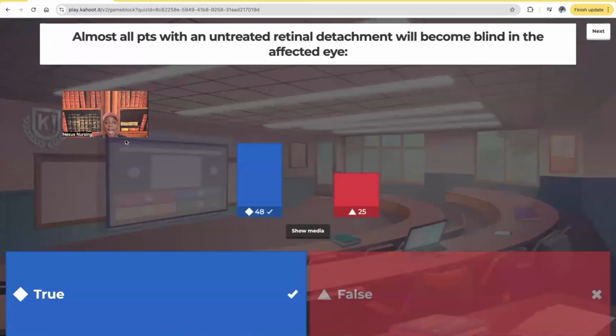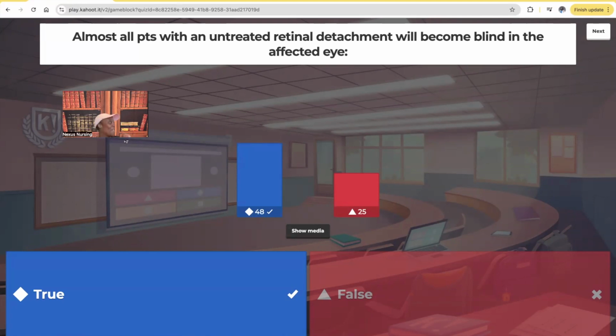Why did 25 of you guys choose false? Why do you think I told you this already? Retinal detachment is an ocular emergency. Why do you think it's an ocular emergency? The retina literally has detached from its proper alignment, proper position. This patient will lose their eye if this is not treated. Patient's going to have surgery.